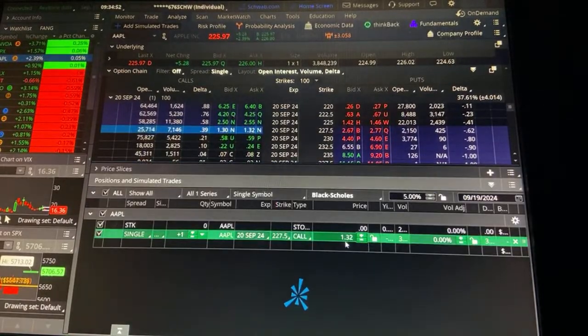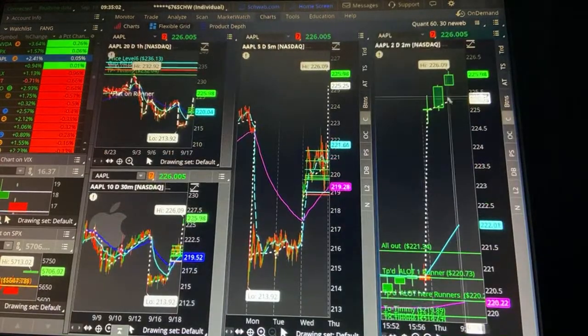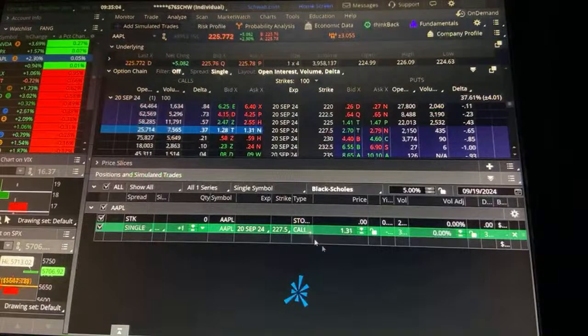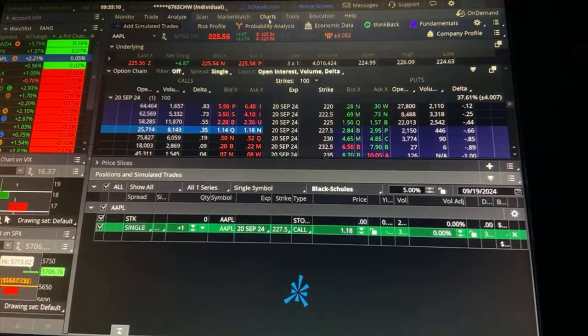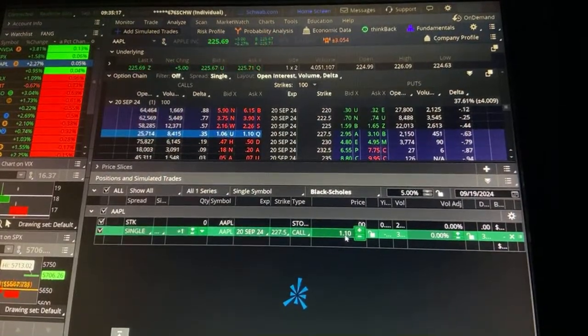And even if it did, it could happen. But let me see. So I'll call Apple, 227.5 strike call. They're going for about a buck, $1.20, $1.18 here. All right, so I'll start this off here with Apple long call.